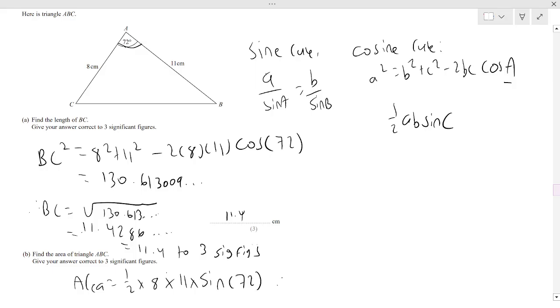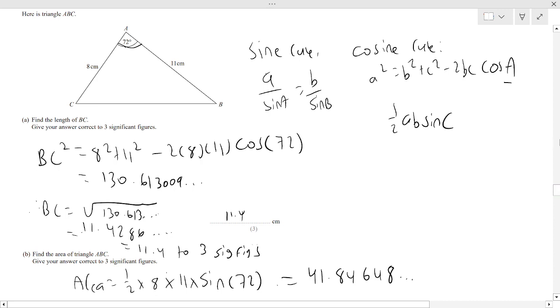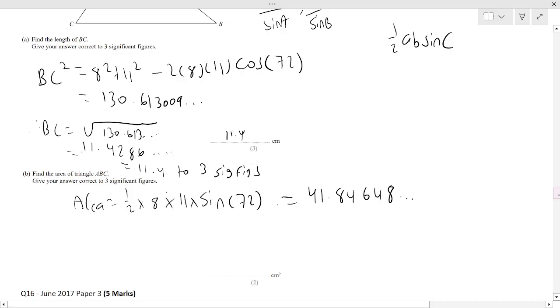Put that into the calculator. You get this number here, 41.84648. And to three significant figures that's around 41.8, in centimeters squared. Cool.